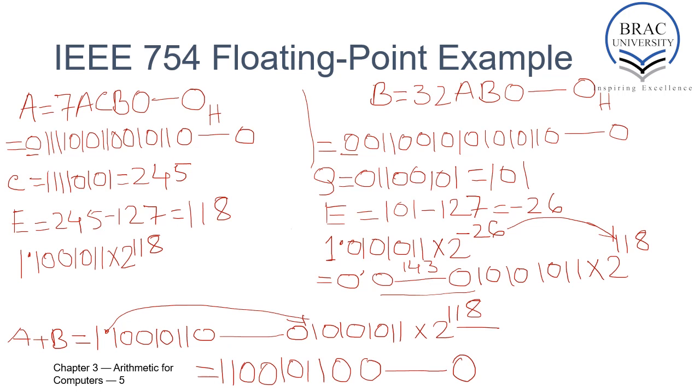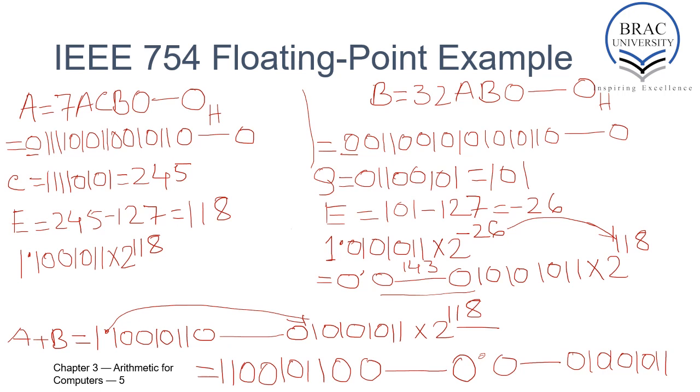So we'll have a point here, and then again a few zeros, and then we have 1 0 1 0 1 0 1 1.